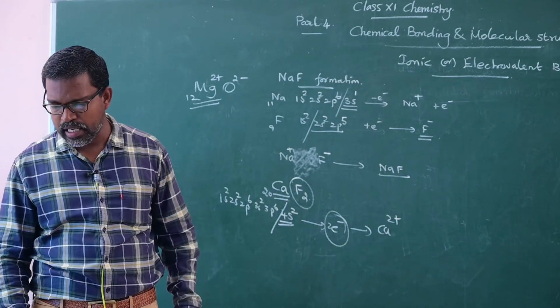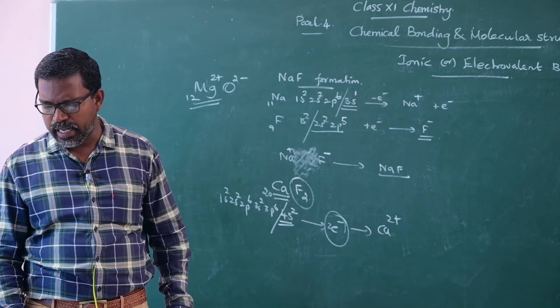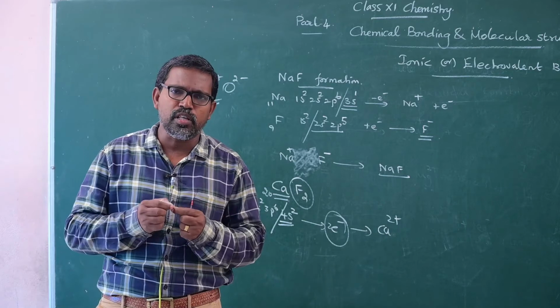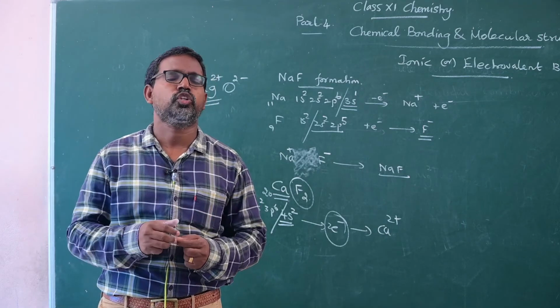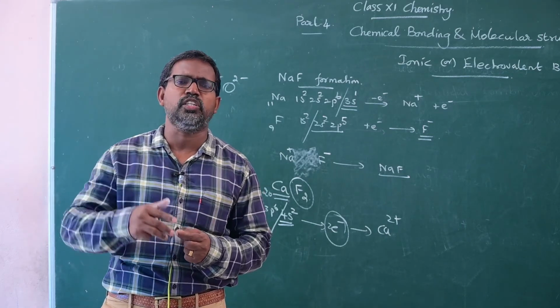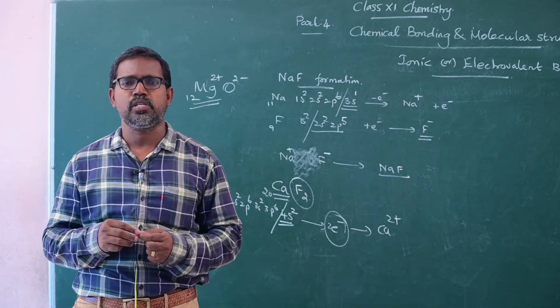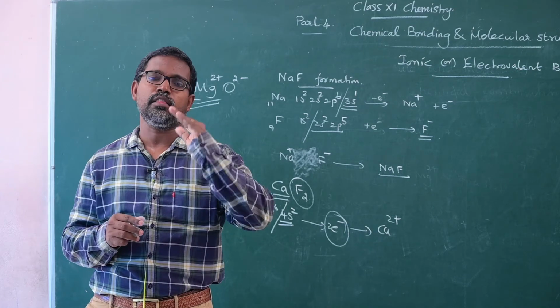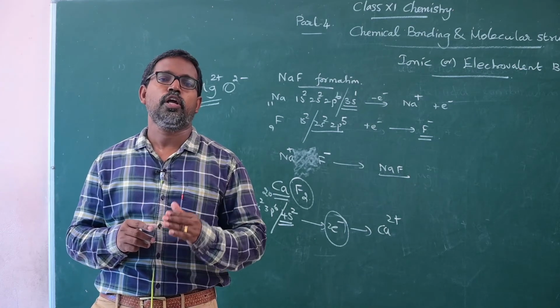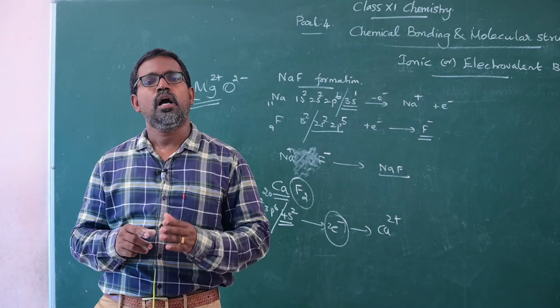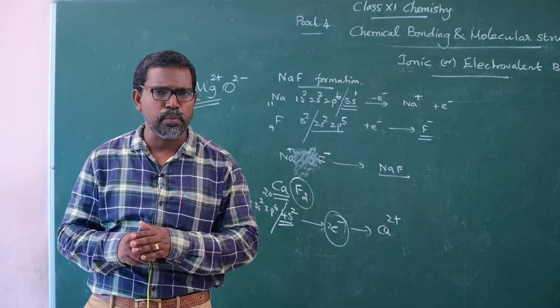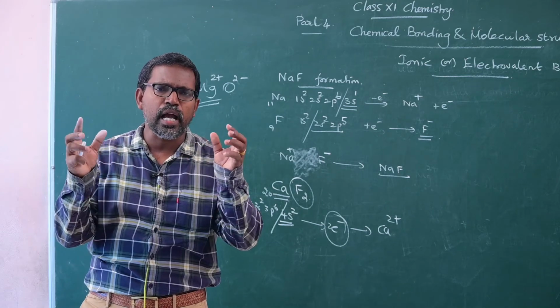The next one is high electron gain enthalpy. When an electron enters the valence shell of an atom, a certain amount of energy is released. The energy released during the process is the electron gain enthalpy. Fluorine, chlorine, bromine and iodine require only 1 electron in their valence shell, so they easily add 1 electron.